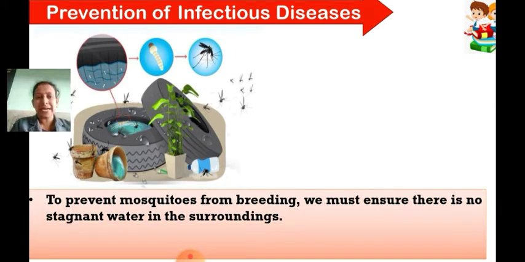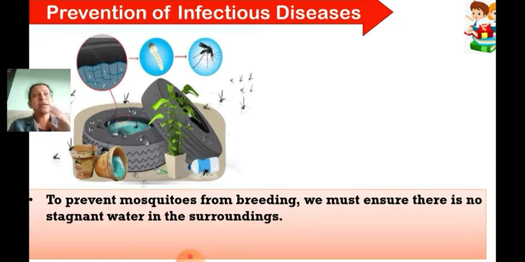Now what does stagnant water mean? Stagnant water means nothing but the water which gets collected for a long time and which gives a bad smell, or which looks dirty. That type of water mosquitoes like for their reproduction, and that reproduction is called breeding. Reproduction means nothing but giving rise to more number of mosquitoes. That is called reproduction, also called breeding.